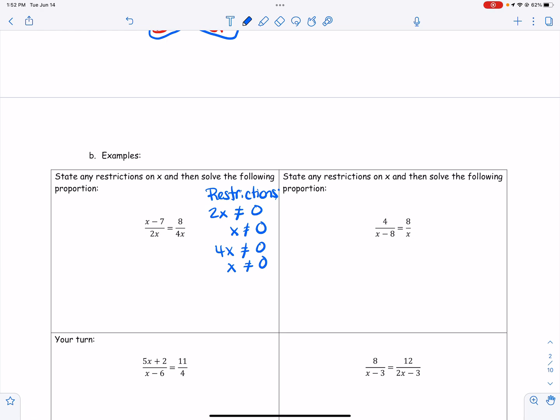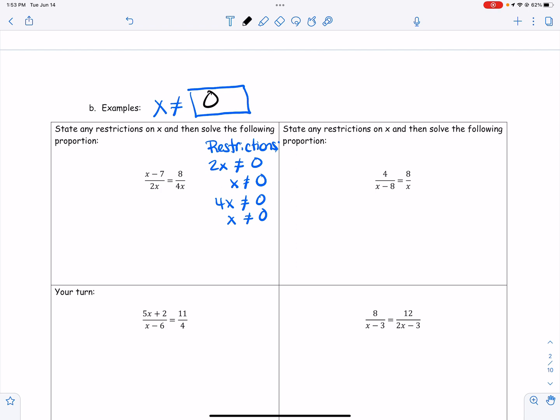So when we enter it, we'll enter x cannot equal, and then 1, 0. That's going to be important when we solve rational equations, because sometimes we're going to get a solution that truly is not a real solution.